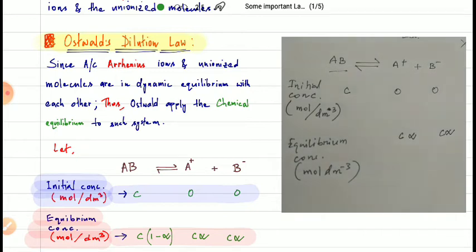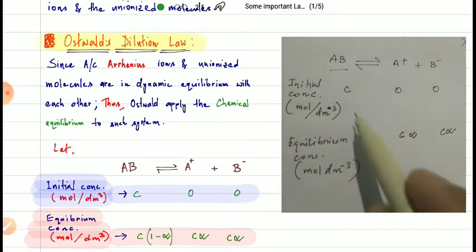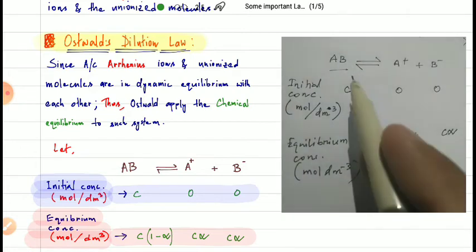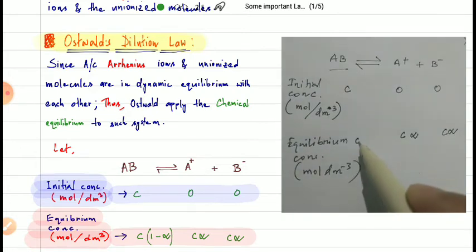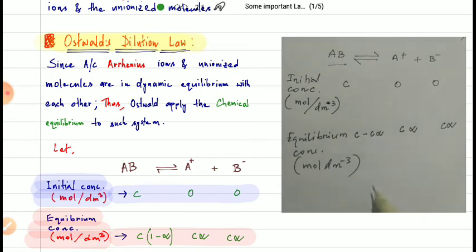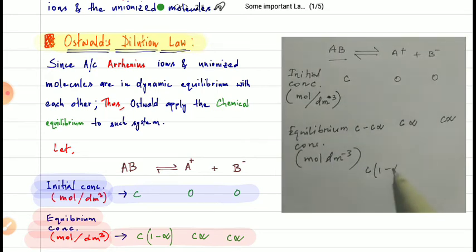So what will be the concentration of A, that means the unionized molecule? It will be C minus C alpha, or you can write C into 1 minus alpha. And this is C alpha, and this is C alpha.